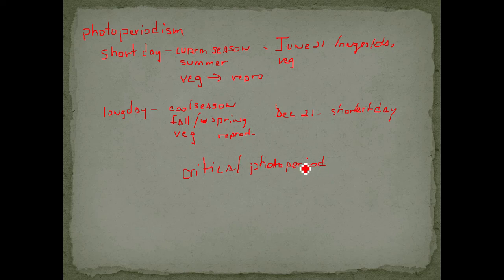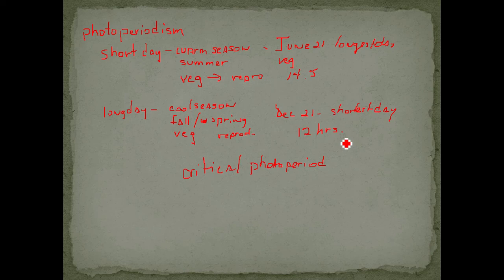So you may have a critical photoperiod up here of 14.5 hours, and any exposure to light that is shorter than that is going to cause this plant to flower. I'm just making these numbers up, because whatever the critical photoperiod is depends largely upon the latitude of adaptability.